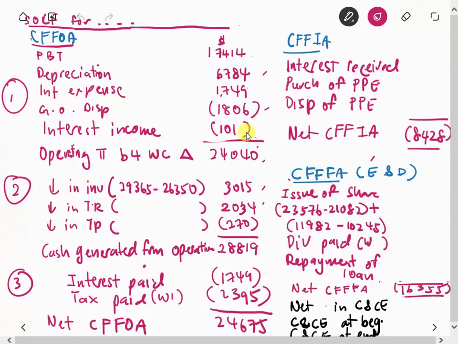Investing. I purchase of PPE just now, I pay 14196. 5667. Remember to bracket. Purchase is an outflow.